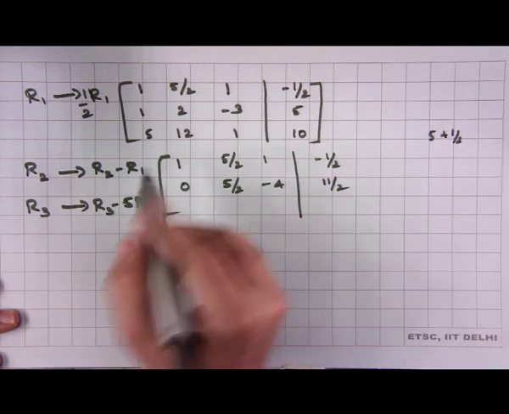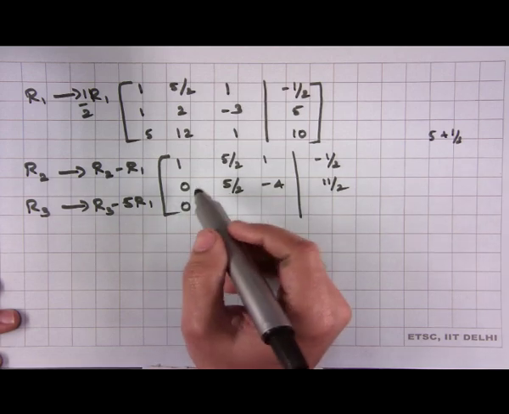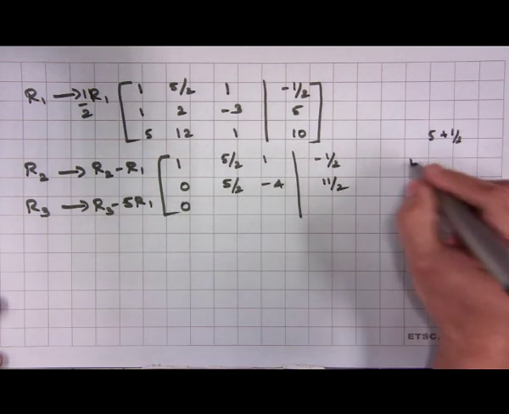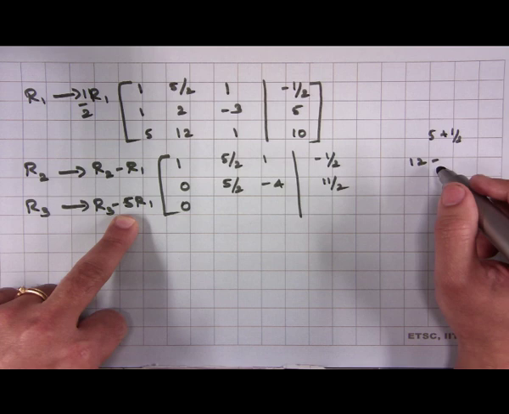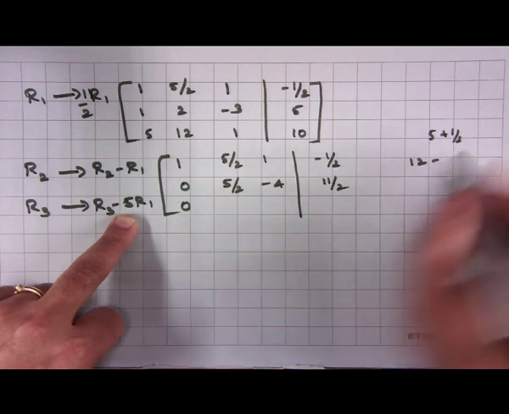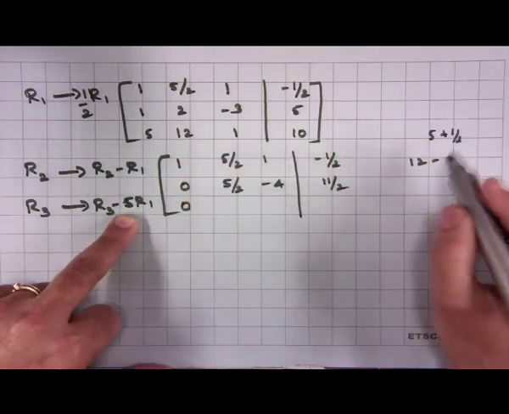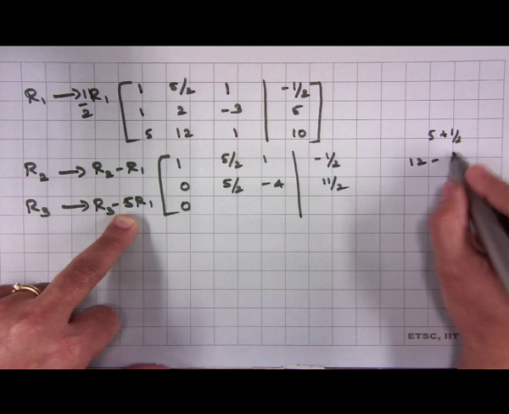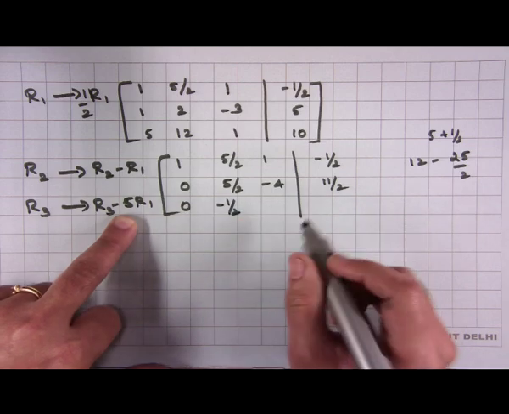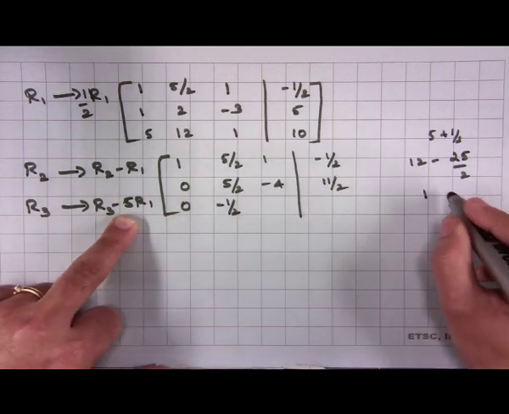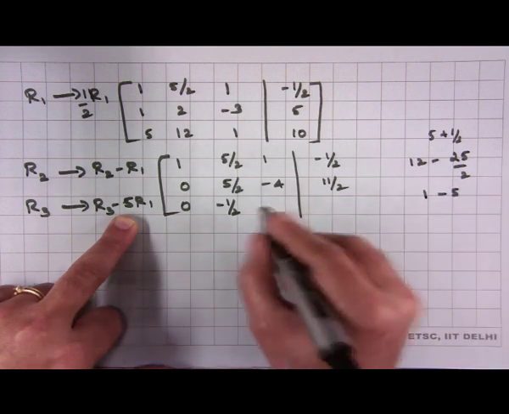And now here it is 0, it is 12 minus 5 times R 1, which is 5 into 5, 25 by 2, so I will have minus half, and 1 minus 5 which will give me minus 4.